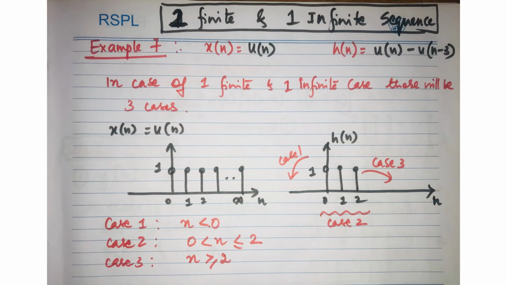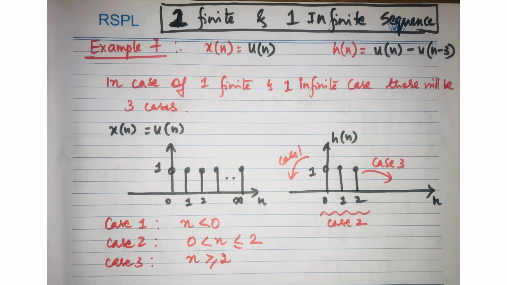Now the first case will be n less than 0, that is n less than the starting index of x of n, and the second case is n between 0 and 2, that is the range of h of n, and the last case is n greater than or equal to 2, that is the end index of h of n. So these are the three different cases.